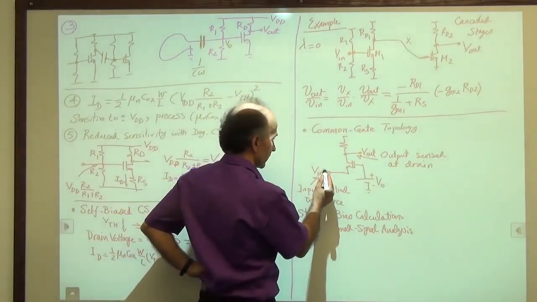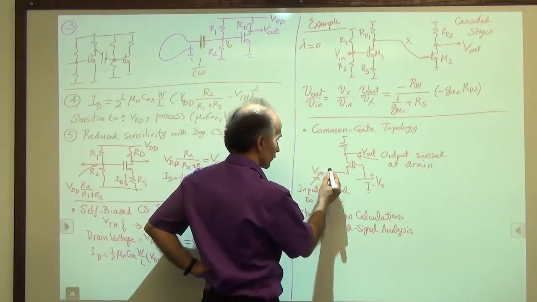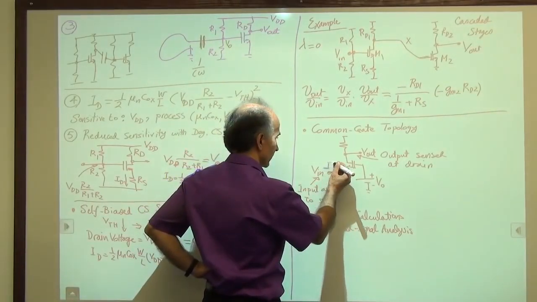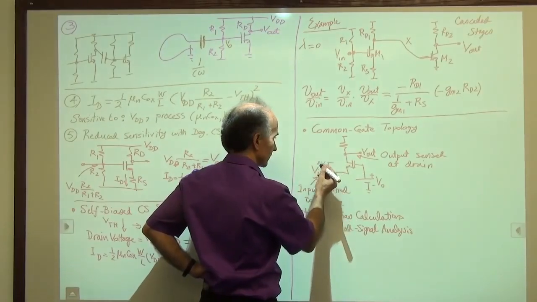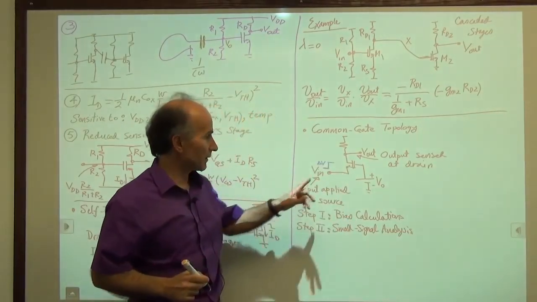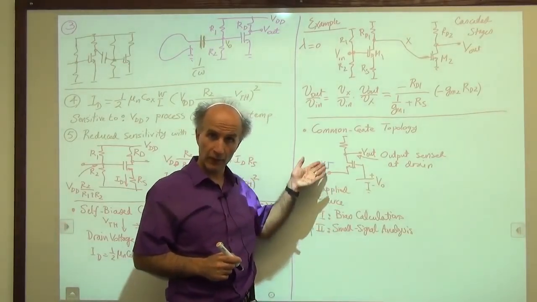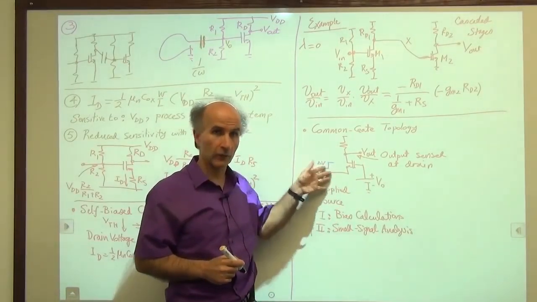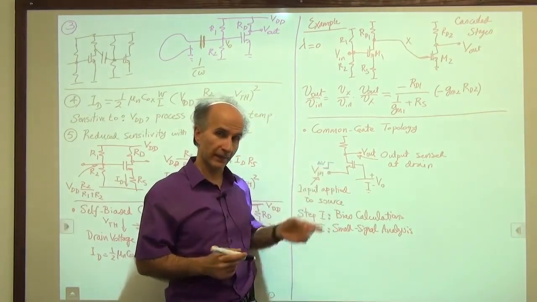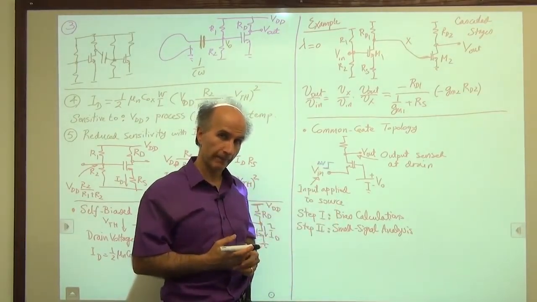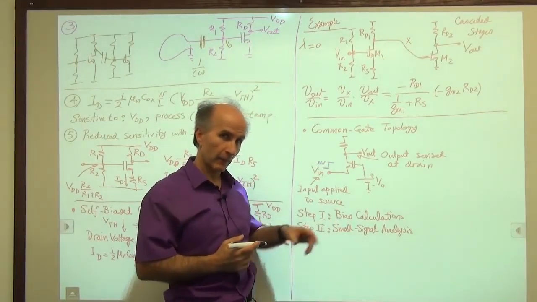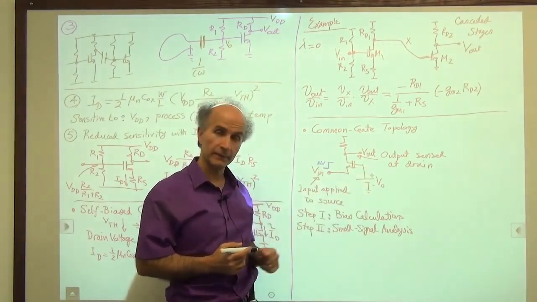Let's suppose that the source voltage changes by delta V. In particular, let's assume that the source voltage goes up by delta V. This is the input, so it can go up, it can go down. Let's say a microphone signal comes in, and this goes up by delta V.